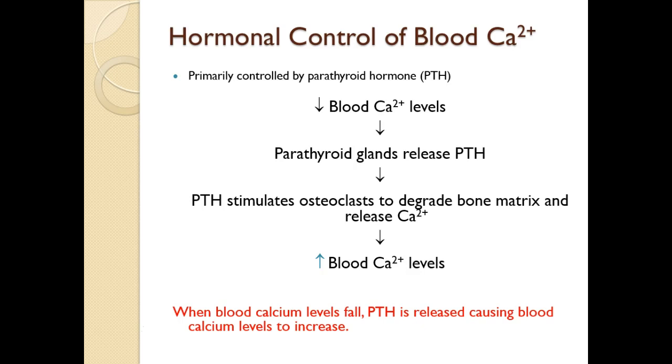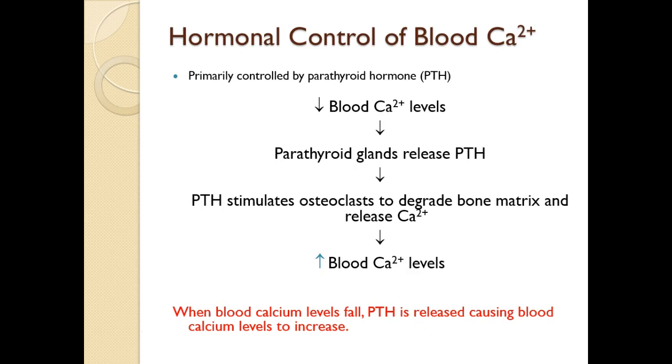Why? To release the calcium from the bone so it can go where? Into the bloodstream. So if you're sending calcium into the bloodstream, what is that doing to blood calcium? It's raising blood calcium levels. Okay? Isn't that easy? Yes.